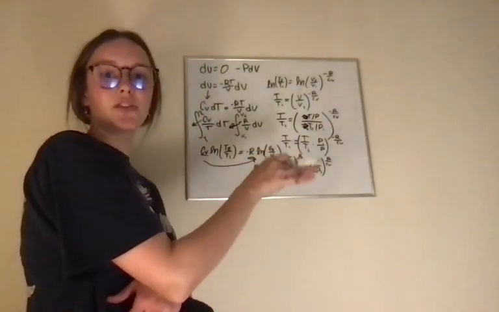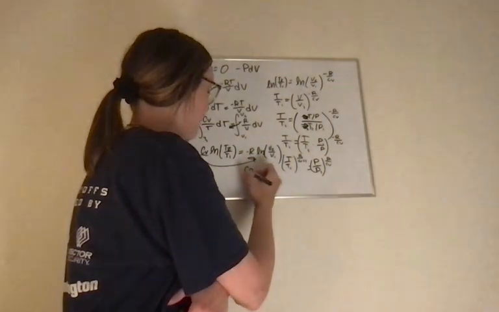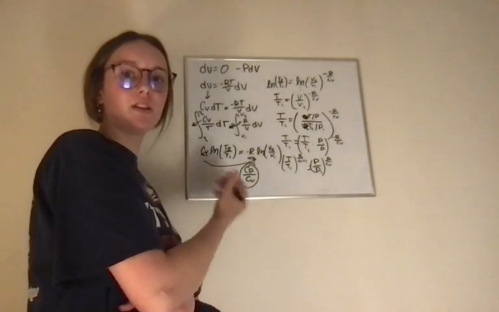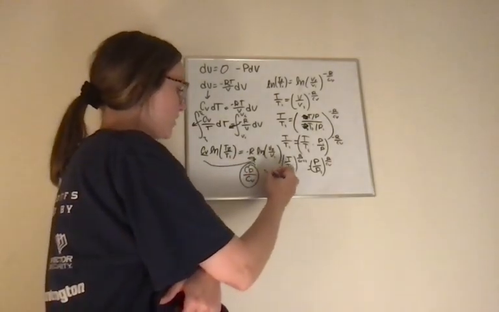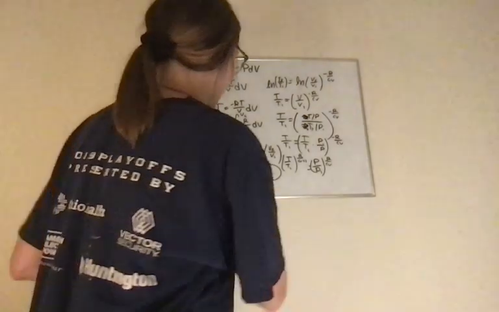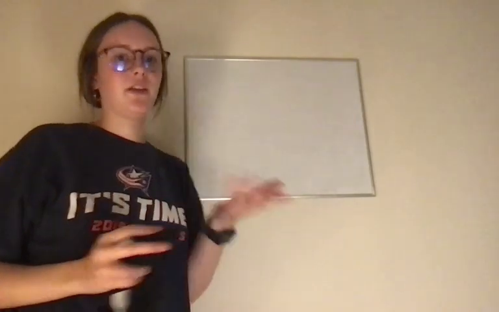Now this is where we get to a point where we can replace the exponents with Cp over Cv, which is a ratio of the specific heats, and we are going to call that gamma. So I'm going to erase the board, and we're going to replace that R over Cv with gamma.